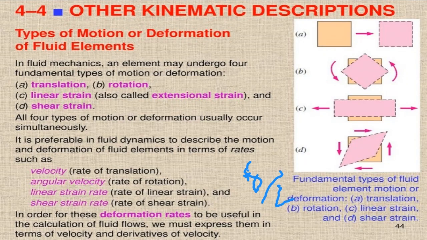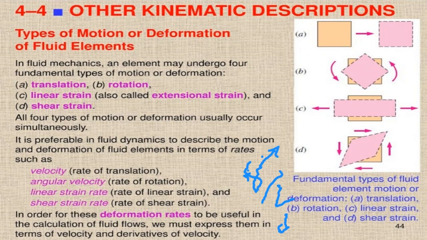It means elongation per unit length. But in fluid mechanics, we use elongation per unit length per unit time. So it's the time rate of change of deformation per unit length. It's the strain, but per unit time. Similarly, shear strain is not taken as radians only, but radians per second, meaning that it's the shear strain per unit time again.